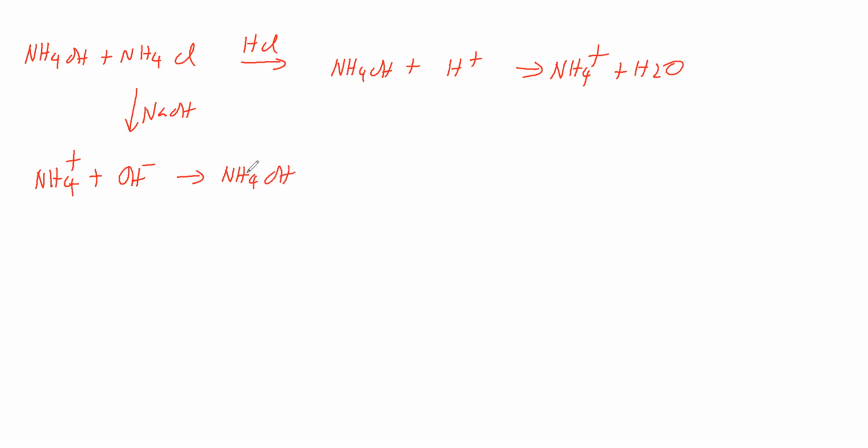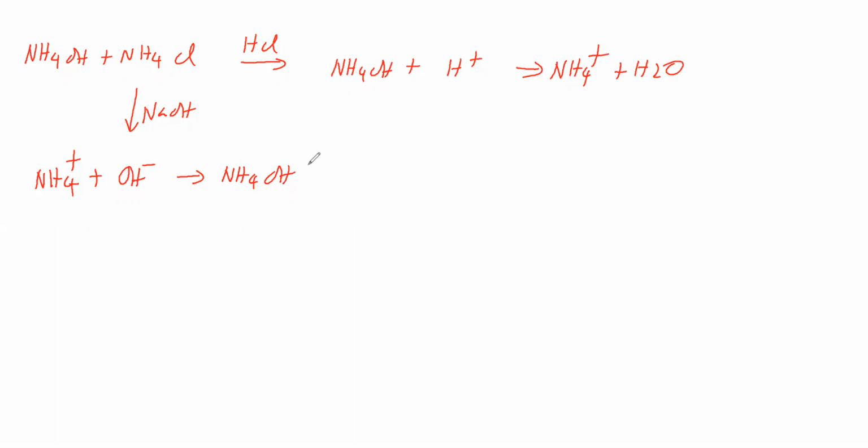It is a weak base, therefore it will not dissociate completely. So here the ammonium ion consumes hydroxide and becomes ammonium hydroxide. So now we came to know how the buffer solution neutralizes the added H plus ions and added OH minus ions to some extent. That we have got an idea.